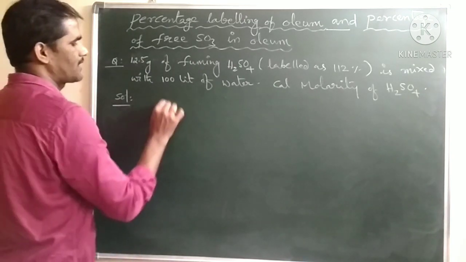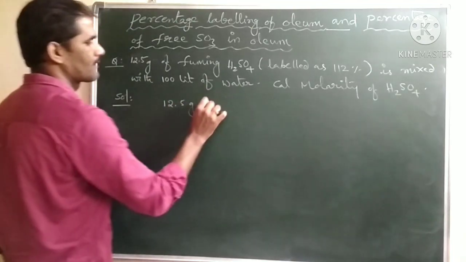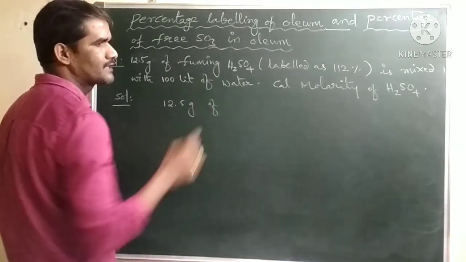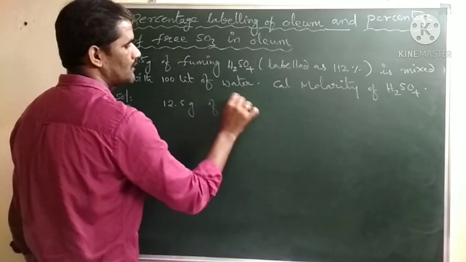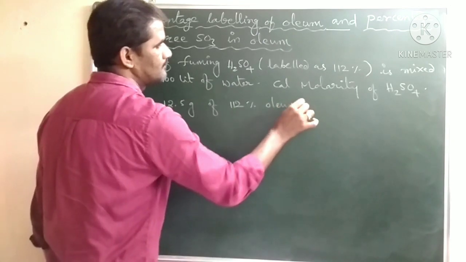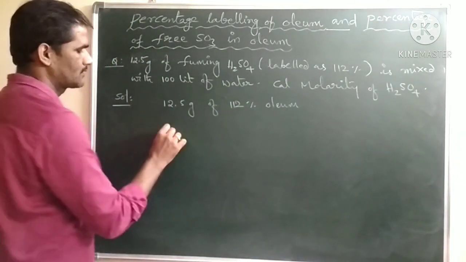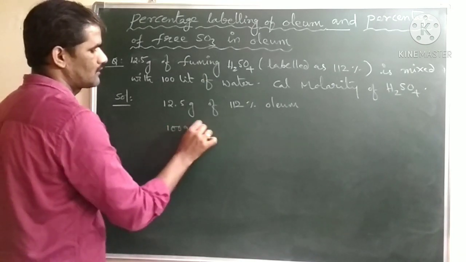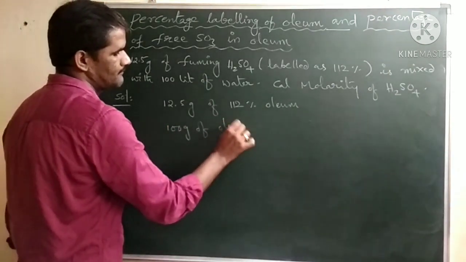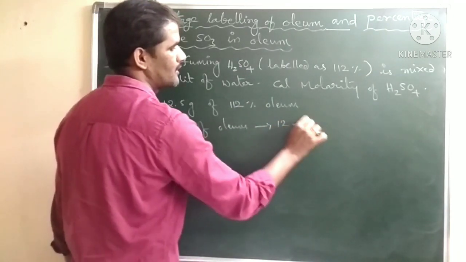Again, 12.5 grams of what is the labeling? 112% oleum. Then 112% oleum means what? 100 grams of oleum requires 12 grams of water.